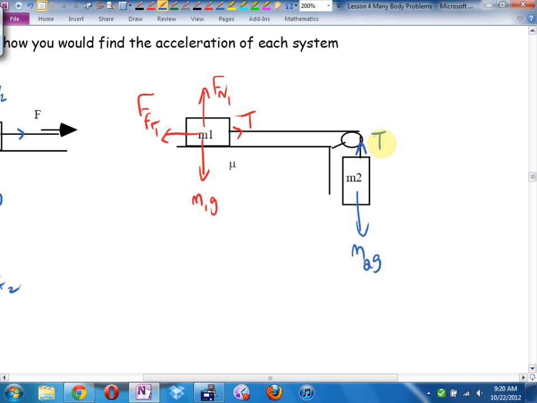Why no normal force? It's hanging in midair. What's the only way this can accelerate? The only way this can accelerate is if gravity pulling the second mass down has to be bigger than friction force number 1.